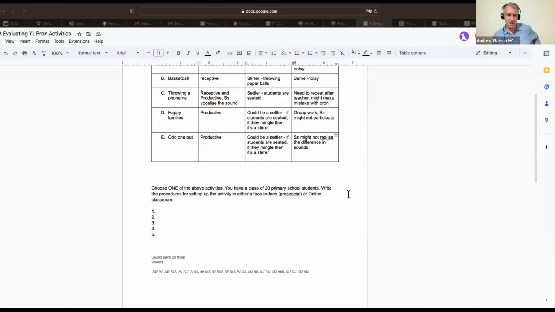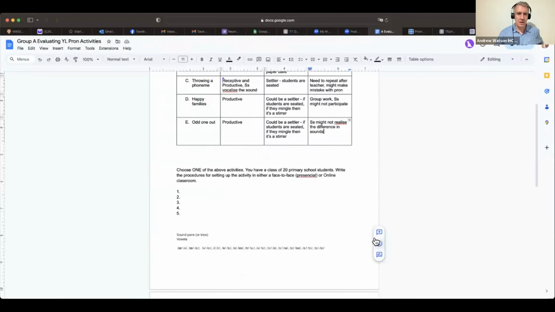Is there a similar game to Happy Families that children play or no? No, guess not. Maybe it's more of a British thing then. So in that case, you'd need to demonstrate physically how to play the game. All the students are not going to get it, right?